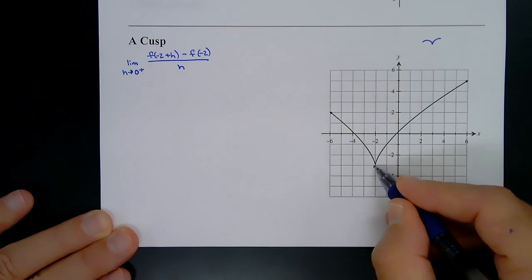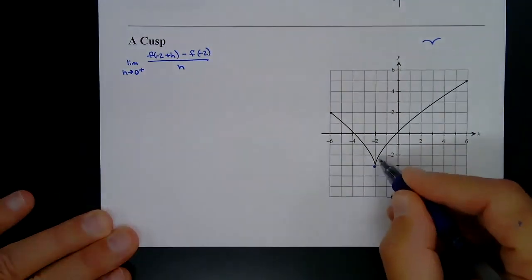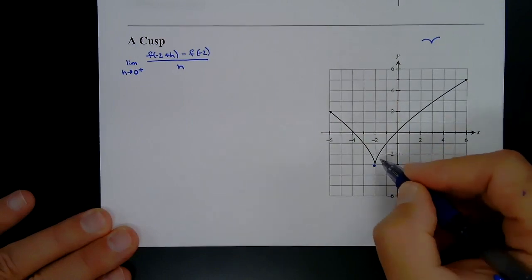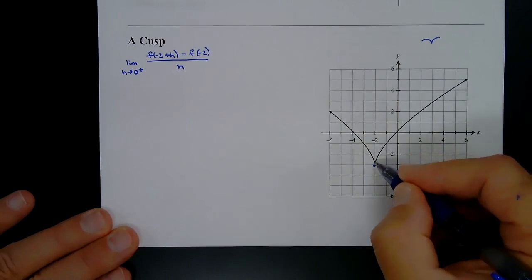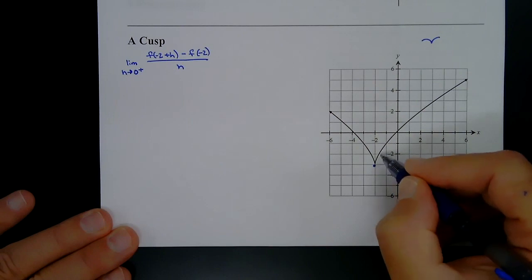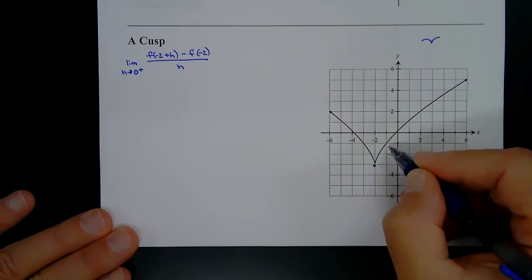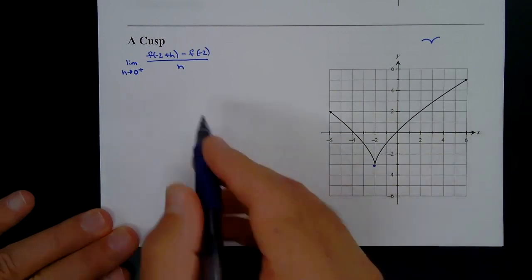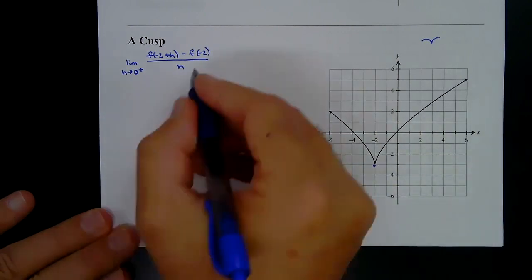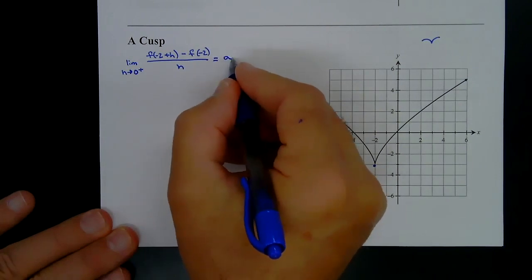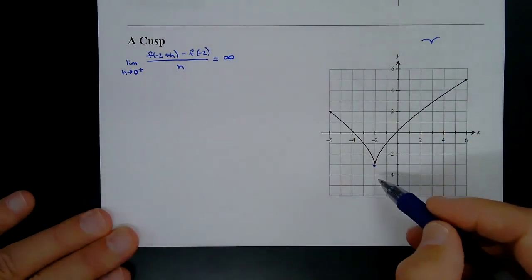So here's the point we're trying to find the derivative at. If we pick another point to the right, it's going to have positive slope. This side's going to have positive slope. And as we come in and in and in, right? What's going to happen is there's going to be a vertical tangent right here. So on this right-hand side, this comes out to be positive infinity in this case, because there's a vertical tangent in there.